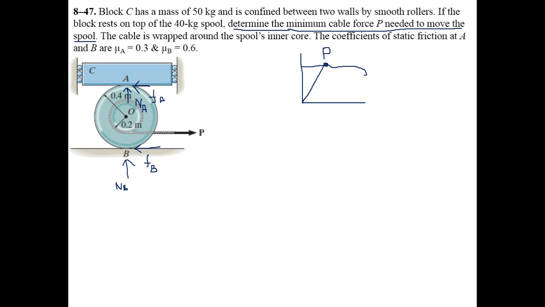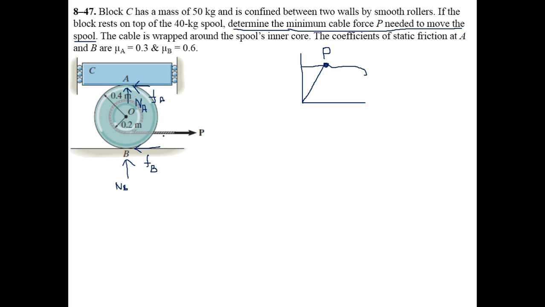So we have 1, 2, 3, 4, and 5 unknowns, and we have five equations: three equilibrium equations for this spool, and two friction equations, one at point A, one at point B. So five equations and five unknowns. They ask us to find the minimum cable force, and we know that the minimum cable force P will be at this point if it is to just cause motion of this spool.